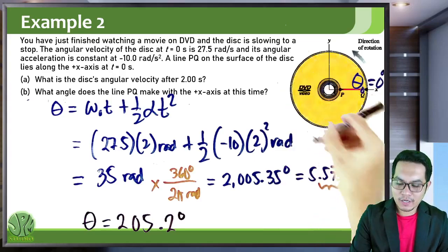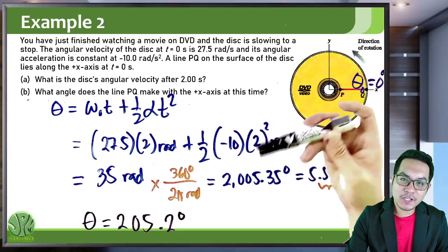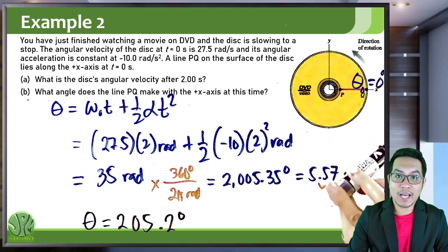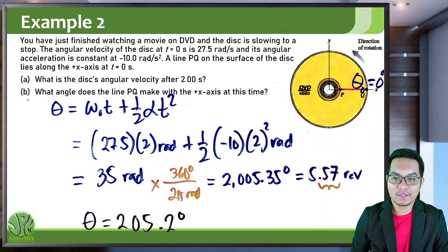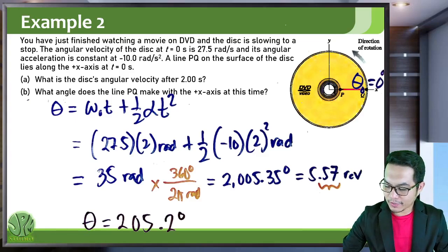Because, again, one whole rotation is 360. If you have another rotation, the total angle now is 360 times 2, but it's still the same as 360, still the same as 0. So the angle now is 205.2 degrees. So this angle is in quadrant number 3.